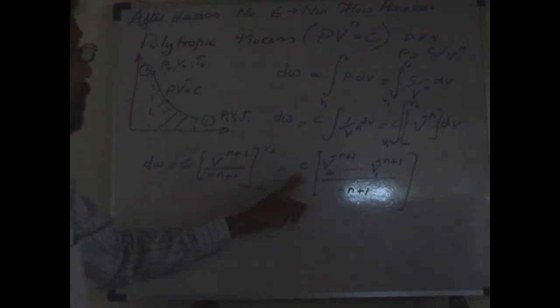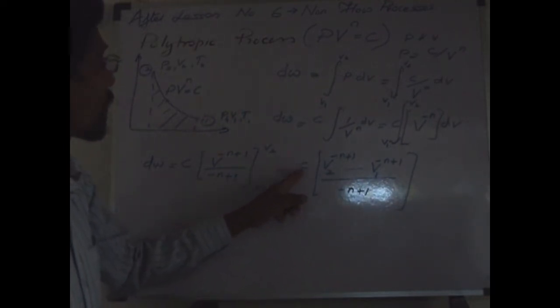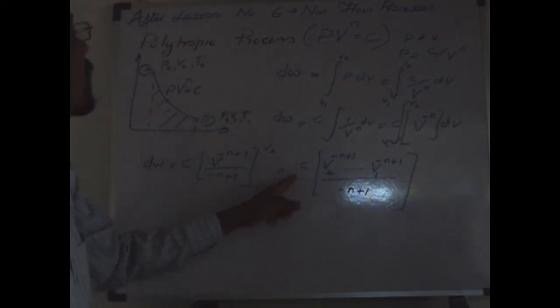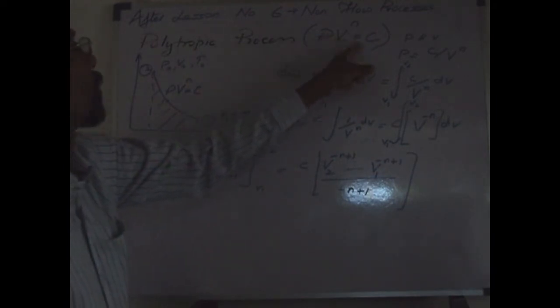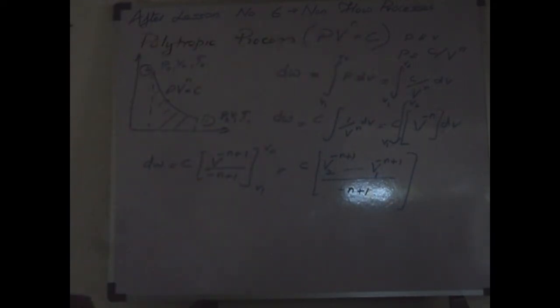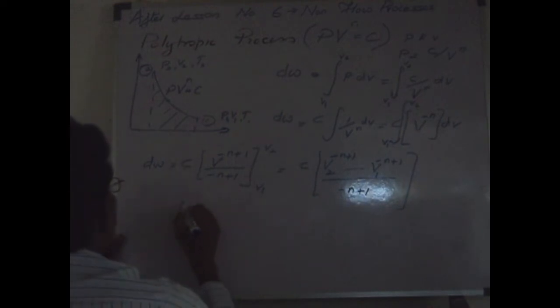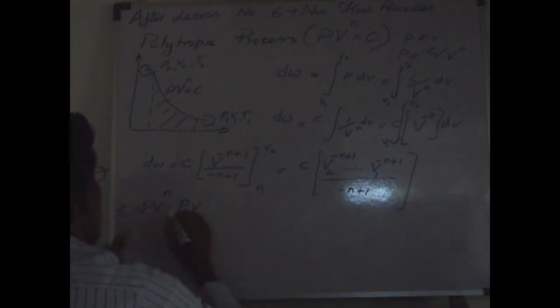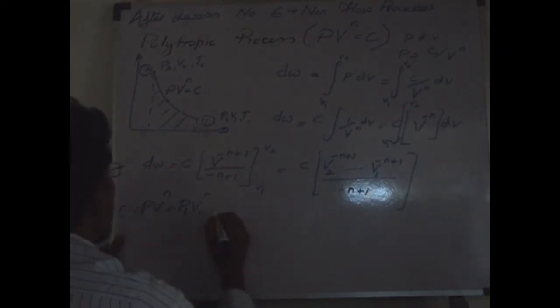So then, what is this constant C? PV to the power n equals constant. Then you can write P1 V1 to the power n equals constant. Similarly, P2 V2 to the power n also equals constant.